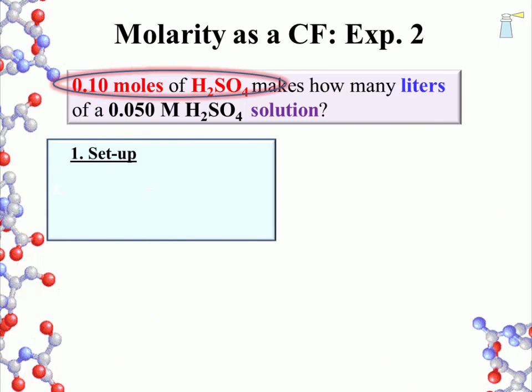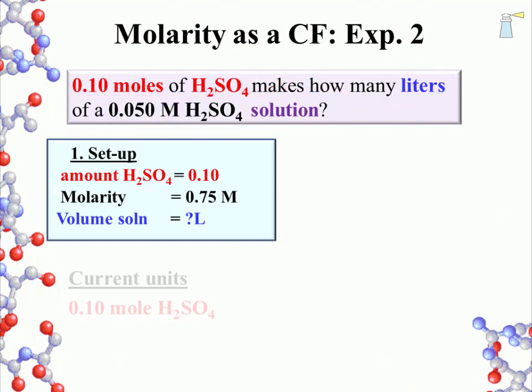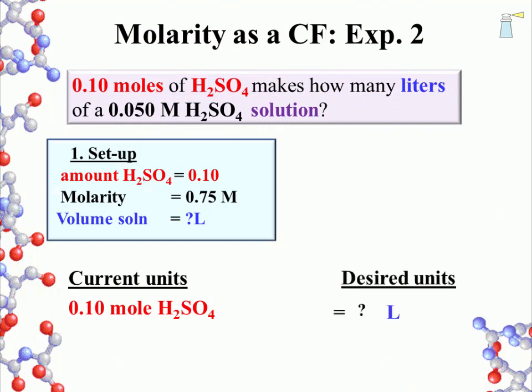In this problem, the given is 0.10 moles of the solute sulfuric acid, and the concentration is 0.050 molar sulfuric acid. The unknown in this question is the liters of solution. The relationship between these values is the given or current units of the 0.10 moles of sulfuric acid and desired or wanted units of liters of solution.